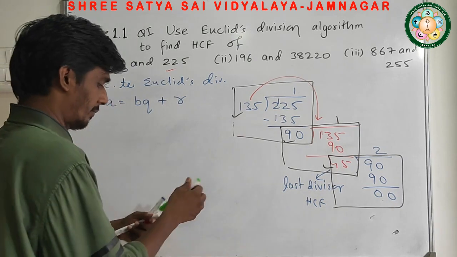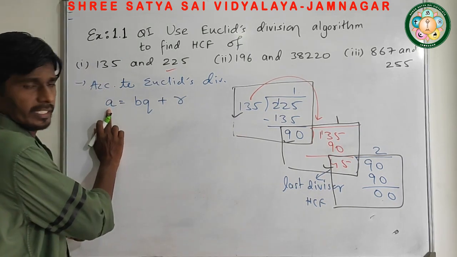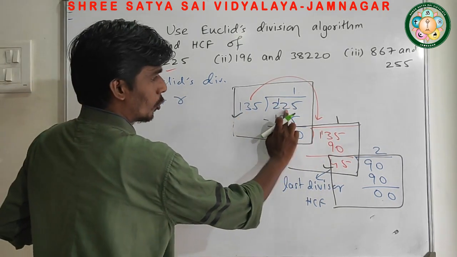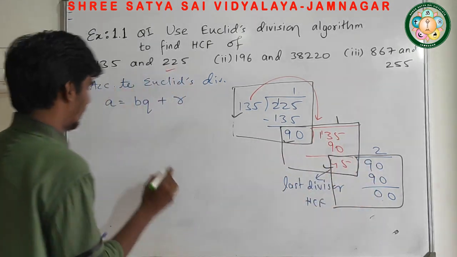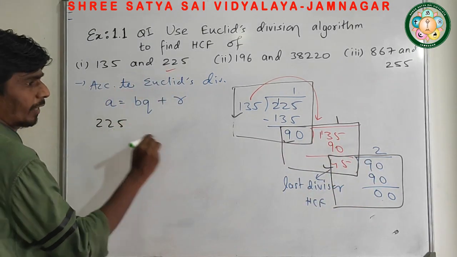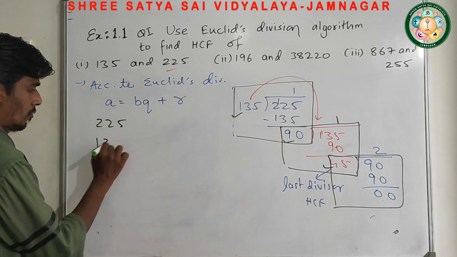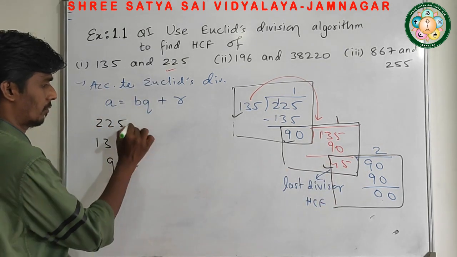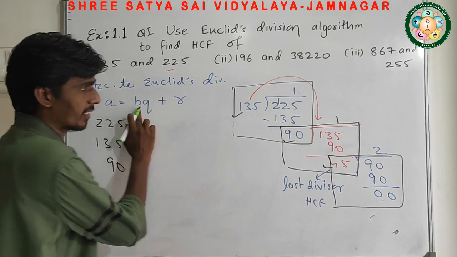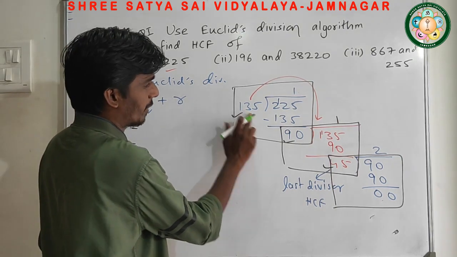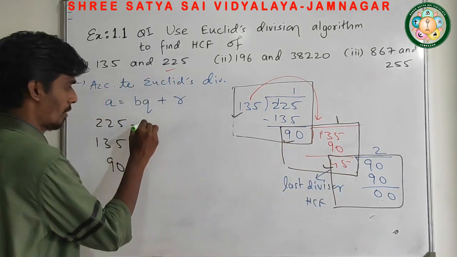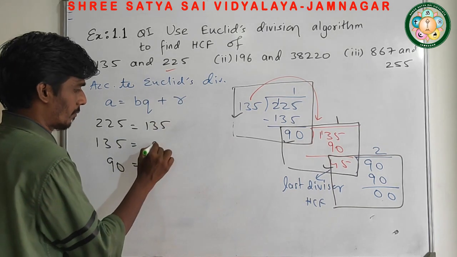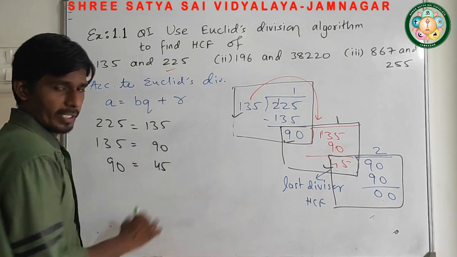Let me show you again. A is the dividend. Write down all the dividends: 225, 135 and 90. B is the divisor. Write all the divisors: 135, 90, 45.